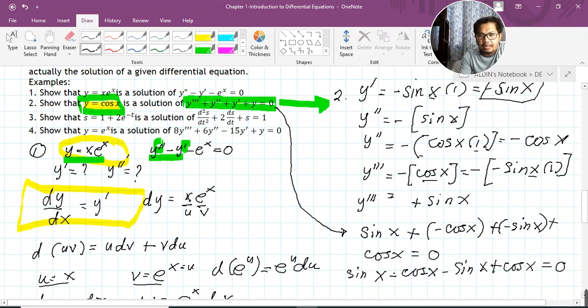So simplify, sine of x minus sine of x, 0. O, wala na to. So negative cosine of x plus cosine of x, 0 na rin to. So therefore, this is 0 is equals to 0. So ang conclusion mo dito, that y equals cosine of x is a solution to this differential equation.